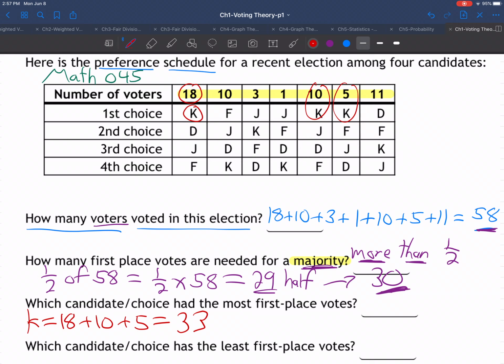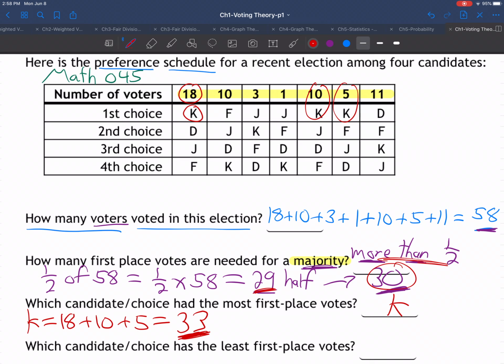33. Now, notice that I don't really even need to check the other ones. K has got to have the most. The answer here has got to be K. Why? Because that's 33, more than half. Remember, half was 29. More than half is 30.